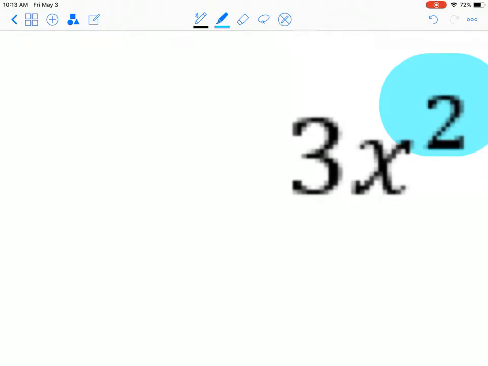That is a second degree term. Also, if you don't see a sign in front of a number, it is a positive number. Now in this case, we don't need the sign because there's nothing in front of this 3x to the second. It's the very first term. It's the lead term. So you don't see the plus sign. You just see the number as it should be.